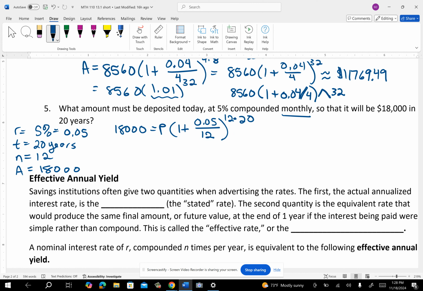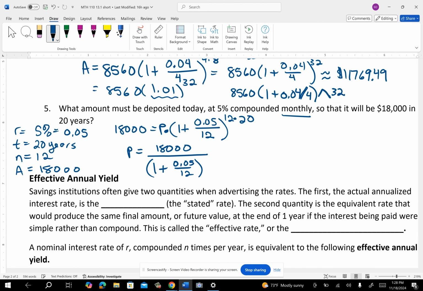Okay. All right, so here's a case where that 1 plus 0.05 divided by 12 would turn out to be a decimal, 1.004166. It would go on for a while, and you don't want to introduce round-off error. So really the best thing here would be to realize, since that's multiplication between the P and all of that, that to get P by itself, I could take that 18,000 and just divide it by all of this.